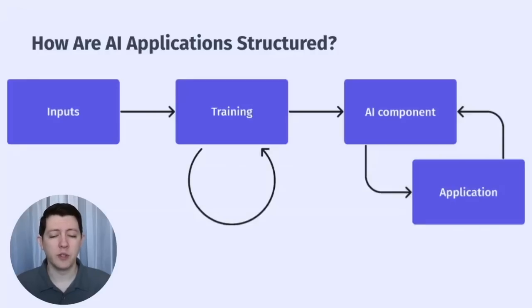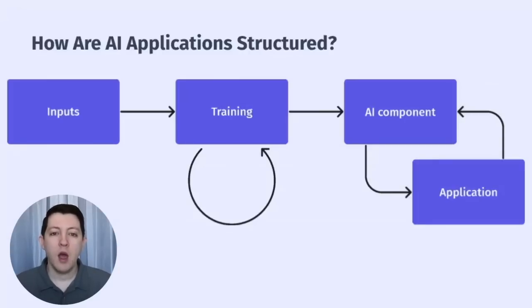So there's a loop there that's very important to note for the application development process. Finally, we use that AI model or component in an application, and there's bidirectional input and output to and from the model and application.